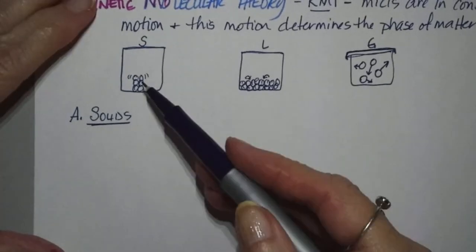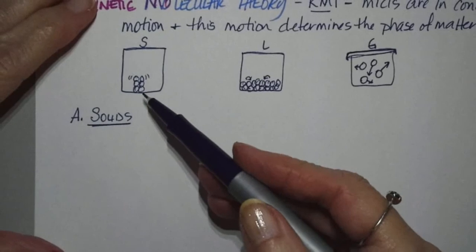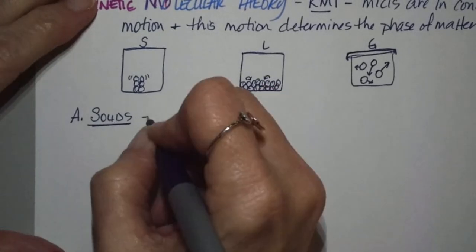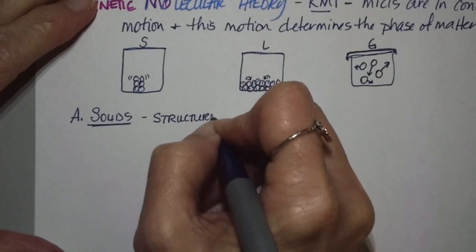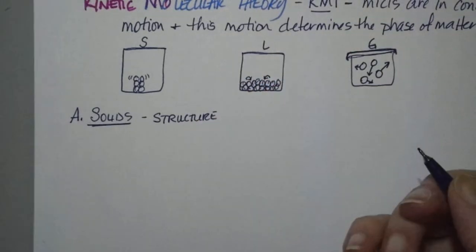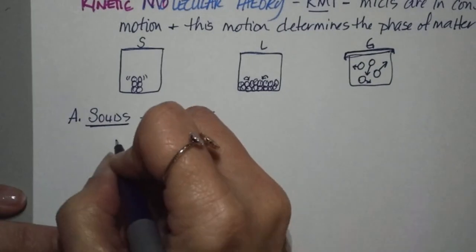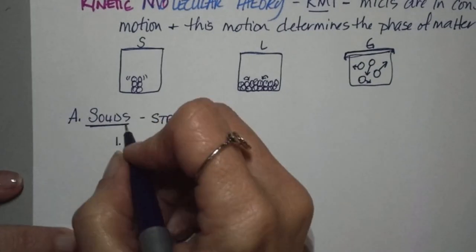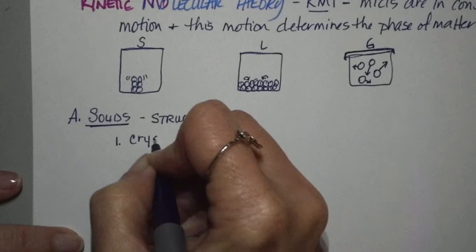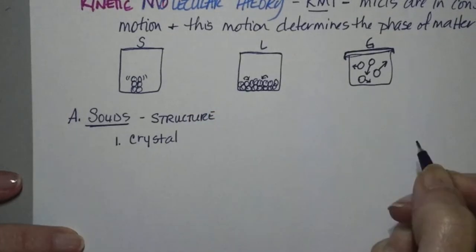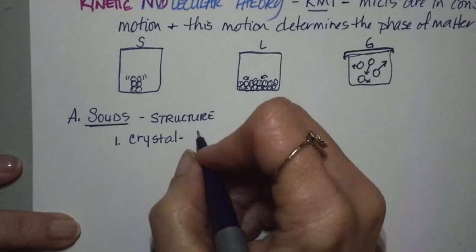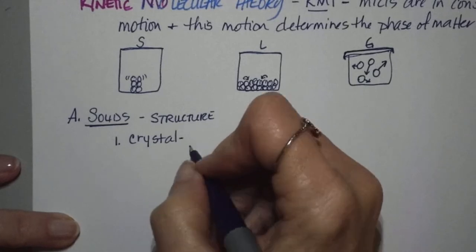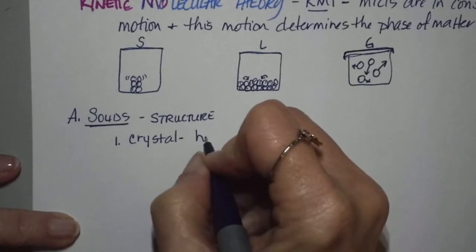So this is the new stuff that you need to make sure that you understand about the solids. We have a structure that could be a crystal. So a crystal is a highly regular arrangement of atoms or molecules. Generally, it's a repeating pattern. What's the A for? A, solids. We're going to do B, liquids.